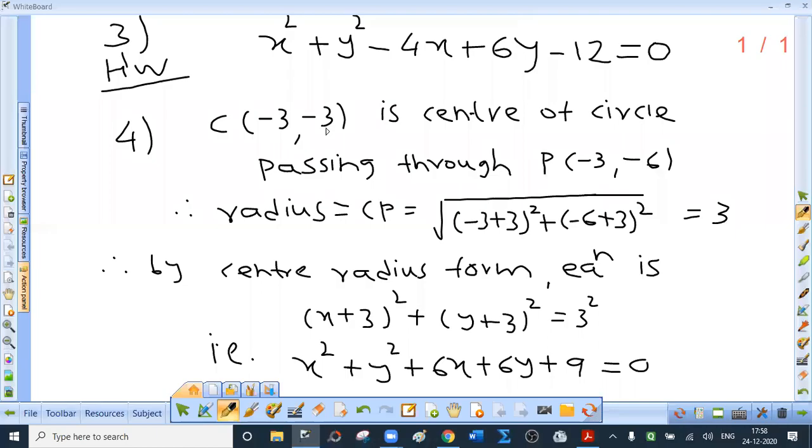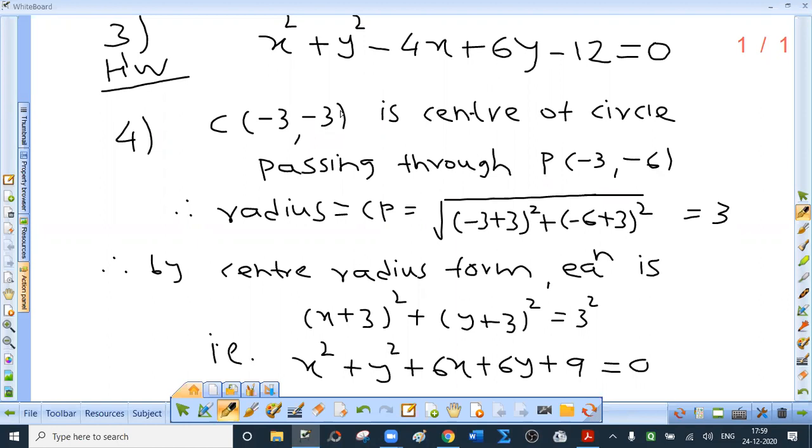Third, for homework, similar sum. Fourth one, equation of a circle with center (-3, -3) and passing through the given point. See, to write the equation of a circle, we should know the center and radius. Center is given, radius is given, but not directly, indirectly. One point on the circle is given. Every point on the circle is at a distance of radius from the center.